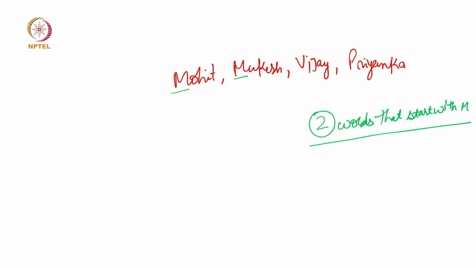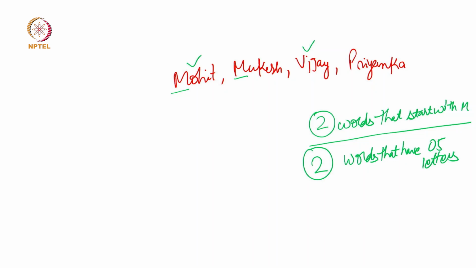Then we have another pattern: there are 2 words which have 5 letters. Which are those 2 words? One is Mohit and another word is Vijay. Okay. So there are 2 words that have 5 letters.